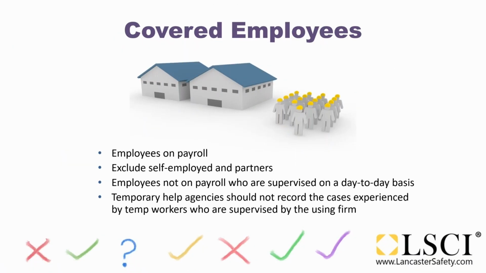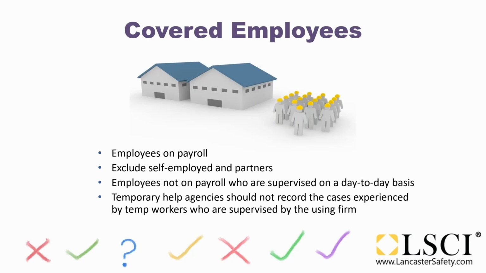So it can be really confusing trying to figure out if temporary workers, subs, and employees at different locations are covered for record keeping. So Rick, can you just give us some of the guidelines that we need to follow here? Yeah, definitely. So employees on the payroll must be included in the employer's records unless the company is acting as a temporary help service. Temporary workers will be the employees of the party exercising day-to-day control over them, and the supervising party will record their injuries and illnesses.